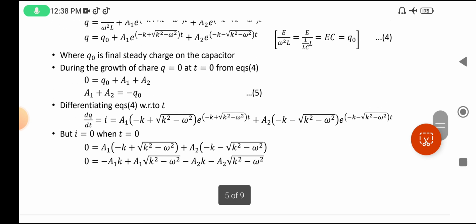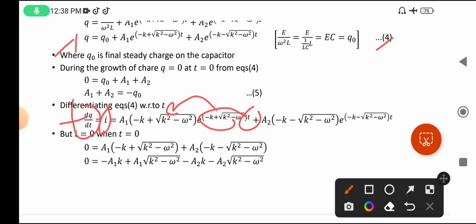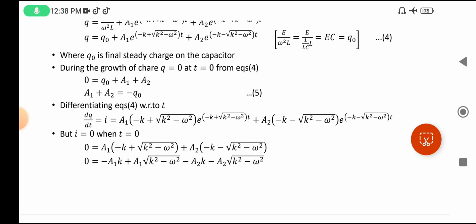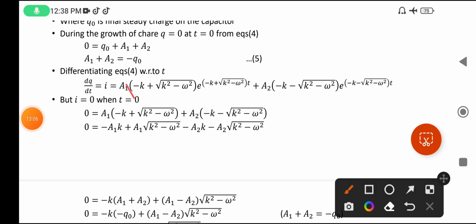Now what you have to do is differentiate equation 4 with respect to time. When you differentiate, dq by dt is the current, written as I. The coefficient of t in the exponent comes down here, and here also the t coefficient comes down, multiplied by the constants. Now the condition: at time t equals 0, charge has not started, so current also cannot start.